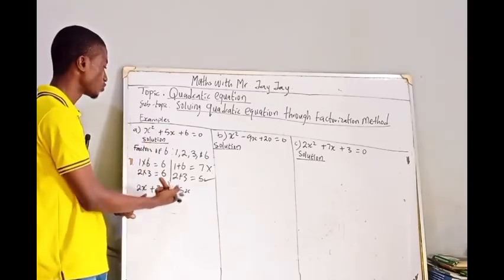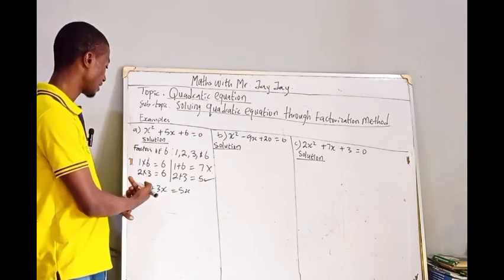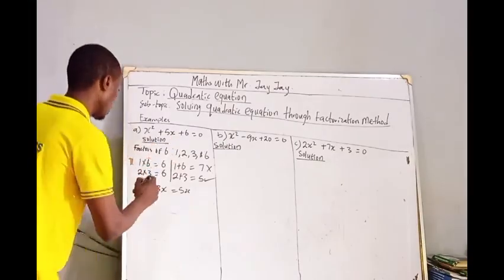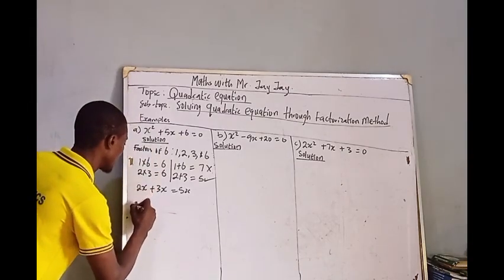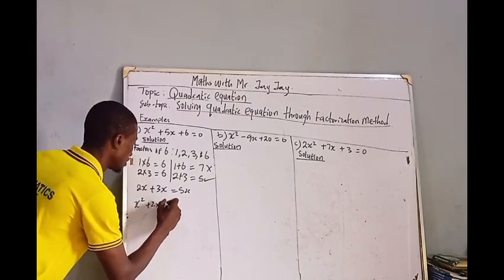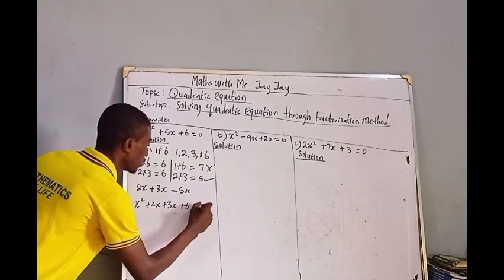Instead of having 5x here, we replace it with 2x plus 3x, so we're going to have x squared plus 2x plus 3x plus 6 equal to 0.